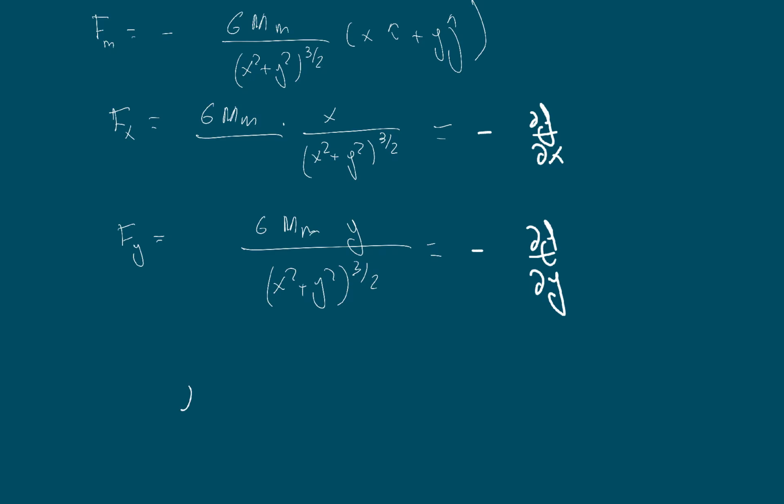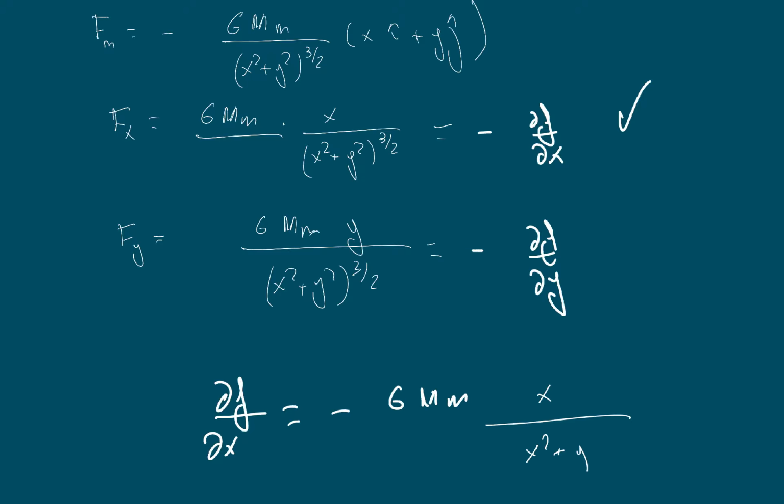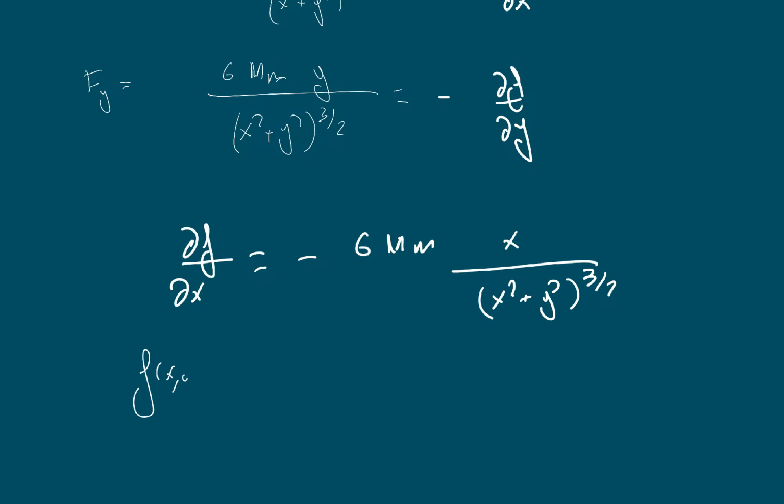If the derivative of F with respect to x is minus GMm x divided by x squared plus y squared to the 3/2, the question is, who is F of x, y? It is minus GMm divided by x squared plus y squared to the 1/2. Why?